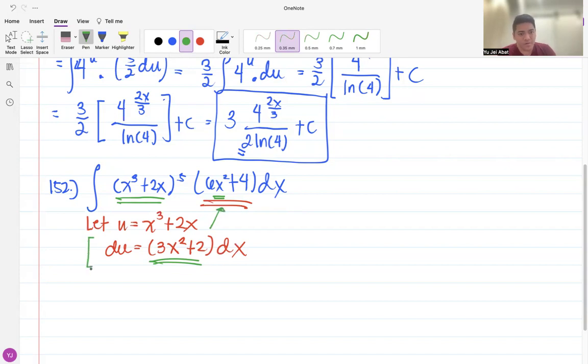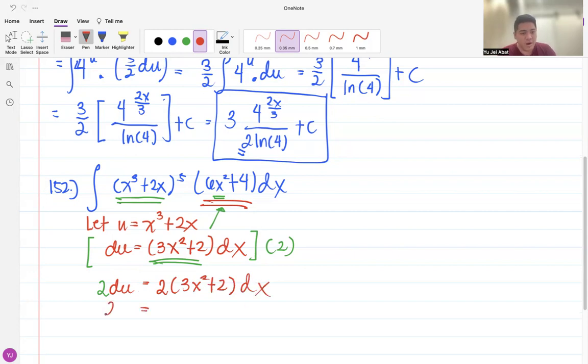I'm going to multiply the whole equation by 2. So this becomes 2 du, and I also have 2 times 3x squared plus 2 dx. If I distribute the 2, that becomes 6x squared plus 4 dx.